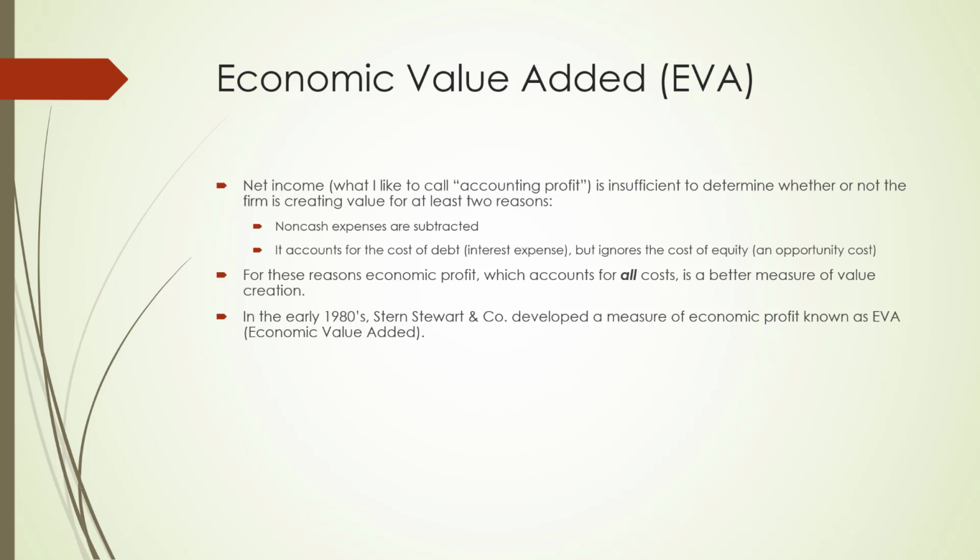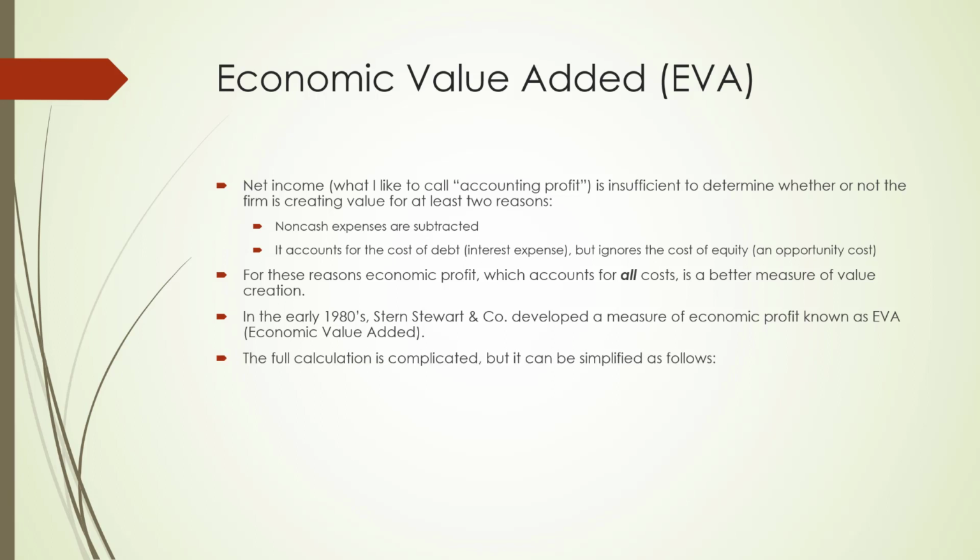And for a while, EVA was used by all of the big firms because it was supposed to better correlate to the changes in the stock price. Now, a lot of research was done, and it was found that EVA kind of worked and kind of didn't. It had mixed results, but the concept is sound. And so we'll take a quick look at EVA.